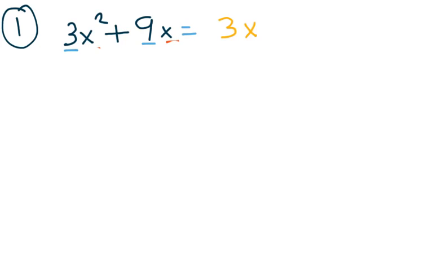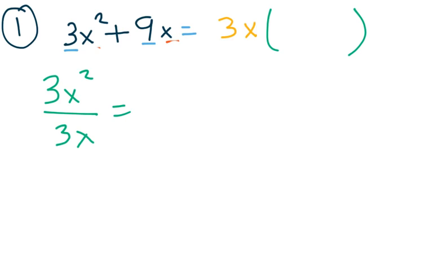So now that we have done that, we're going to have something left over in parentheses because I need to factor out 3x from each of these. So if I do 3x squared divided by 3x, the 3's cancel out, and I'm left with an x squared divided by x, which leaves me with a single x.